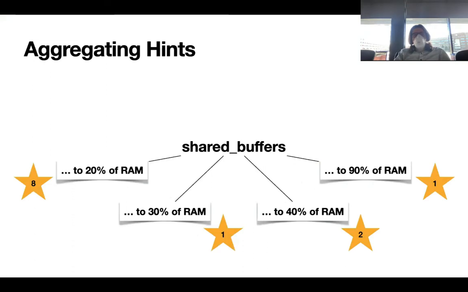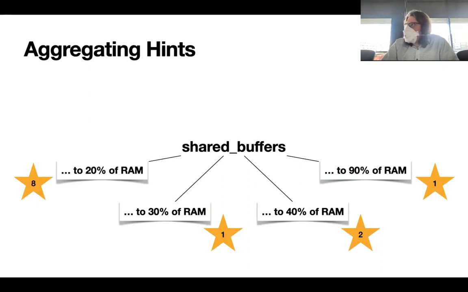In general, we might end up having conflicting recommendations about the same parameter. Like here for the shared buffers parameter, we have conflicting recommendations that recommend something between 20 and 90% of main memory. And we have decided to assign those hints specific weights, which we should now consider when making choices about what we actually want to try out in our trial run.